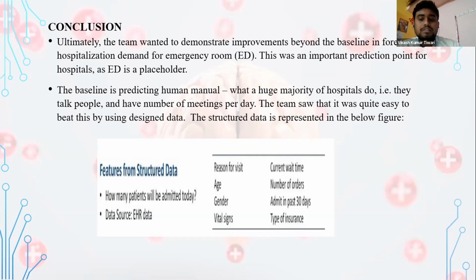One of the major things I have mentioned here is the features for structured data. All the data mentioned in our hospitals, when we visit once, we can get: reason for visit, current waiting time, number of orders, age, gender, admission in the past 30 days, type of insurance, types of problems we have faced before, and so on. These records are all there, and when we visit, they can get our data and directly say that you faced these problems before and now what problem we are facing.